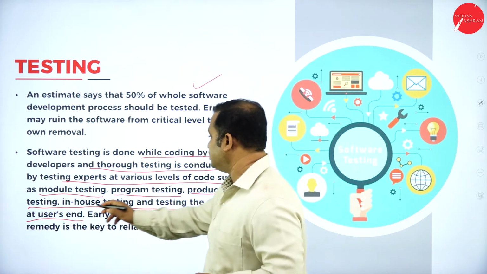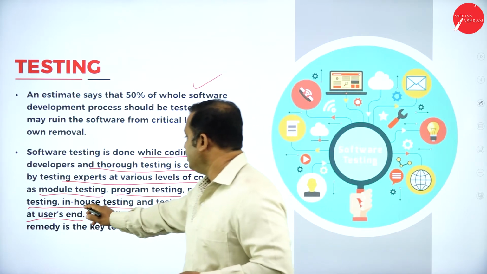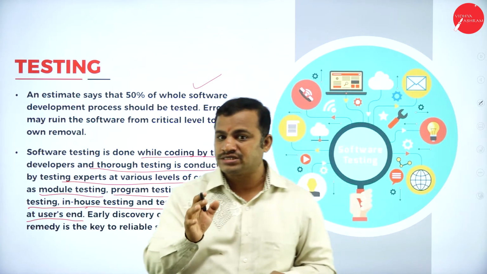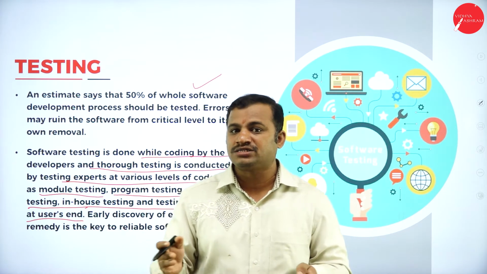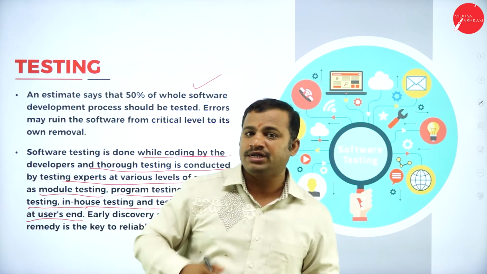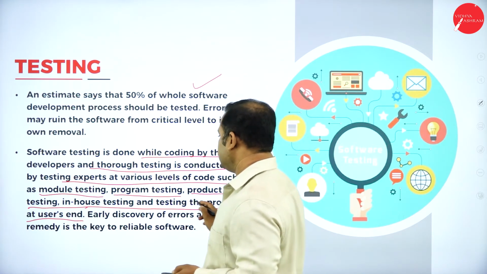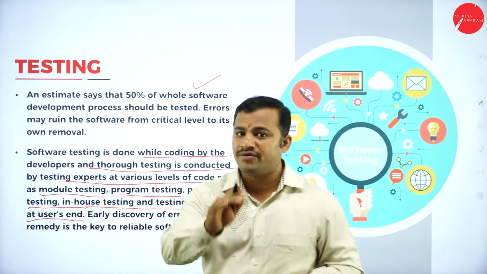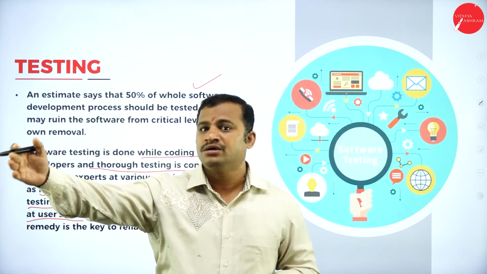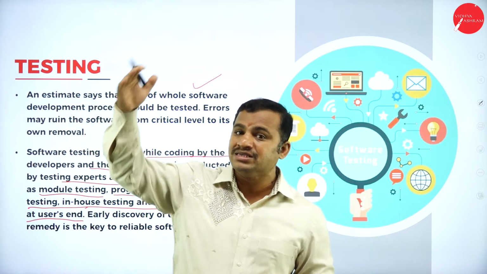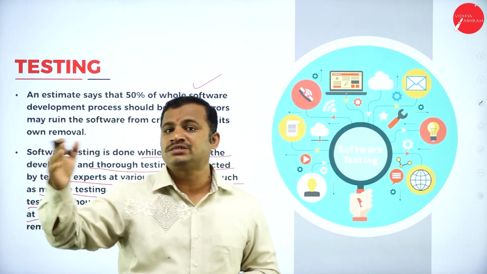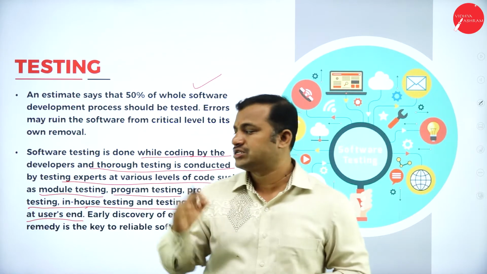That is called system testing. Then in-house testing: once the entire system testing is completed, it has to be tested in the testing department. Then testing the product at the user's end. Once it is developed and delivered to the user, it has to be tested once again in his own system. That is called the testing conducted at the user's end.